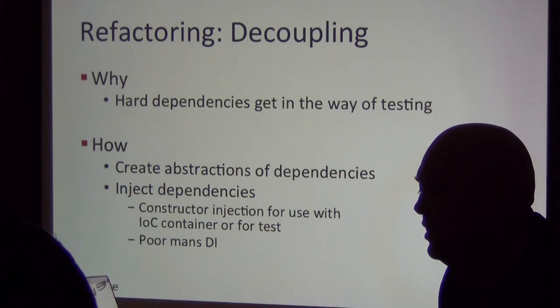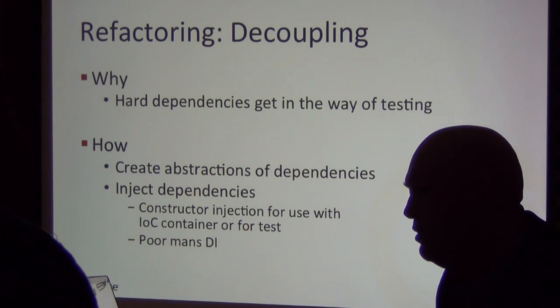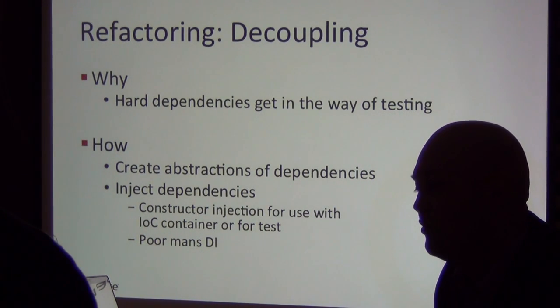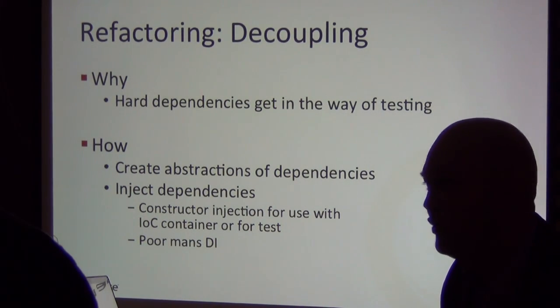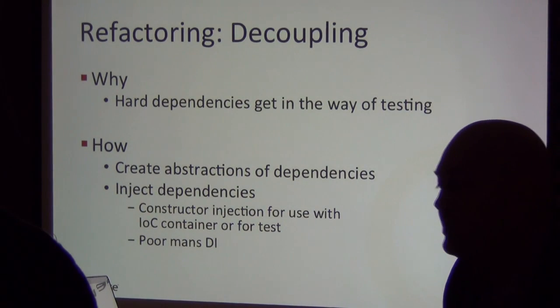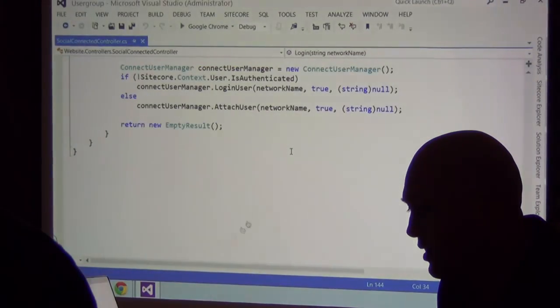For this, I went down the road of poor man's DI because I didn't really have full dependency injection for my controllers. I think that's another story that we'll definitely do at the user group another time. But for now, I just did the cheap version.